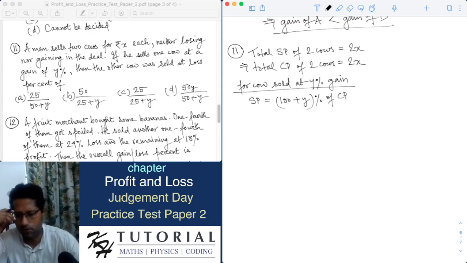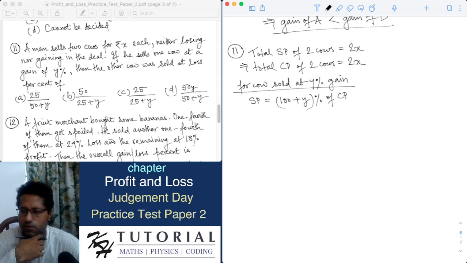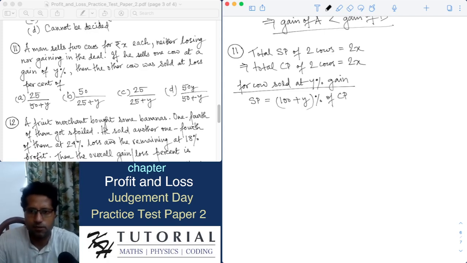This cost price is the cost price of the cow which is sold at y percent gain. So we have SP equals 100 plus y percent of CP.